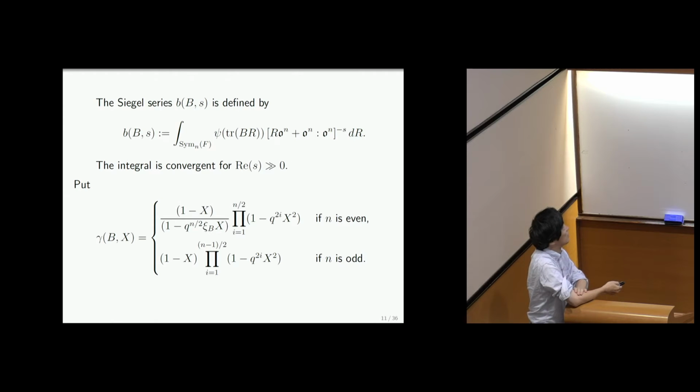Okay, now we discuss the Siegel series. The Siegel series is defined by the integral, where psi is an additive character of F of order 0, and the integral is psi of trace of B R, times the index of R, to the minus s, dR. This appears as a local factor for the Fourier coefficient of the Siegel-Eisenstein series.